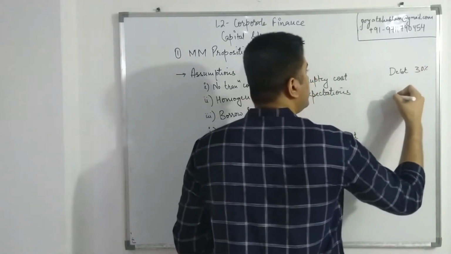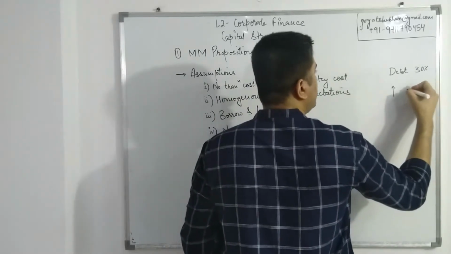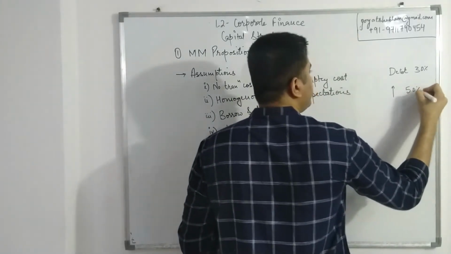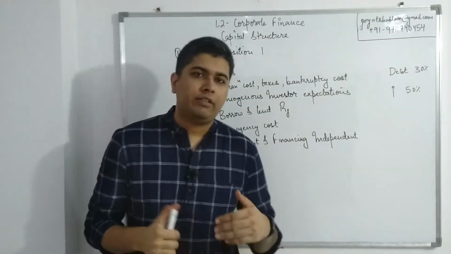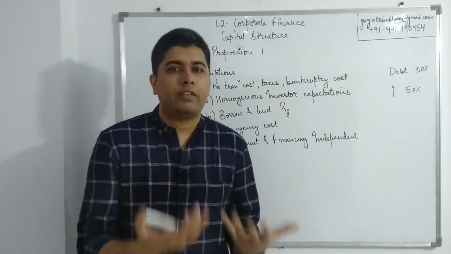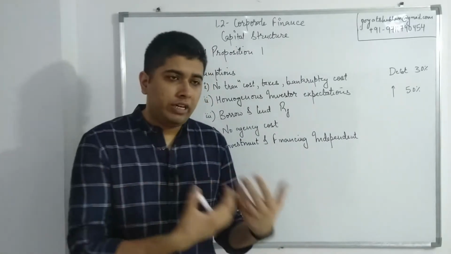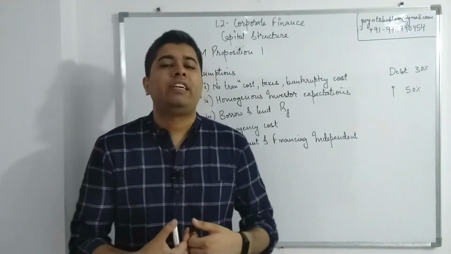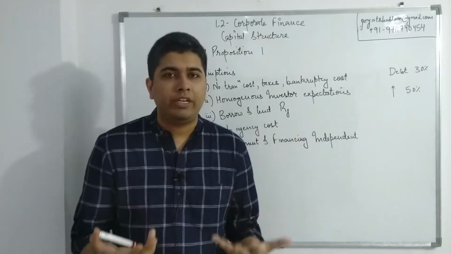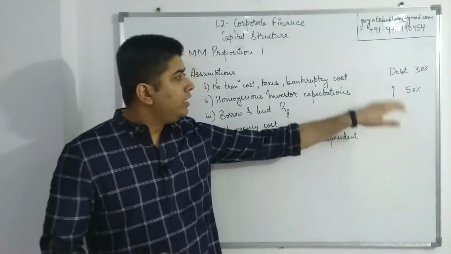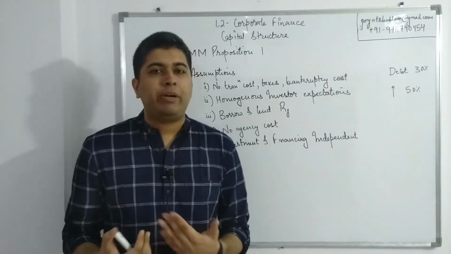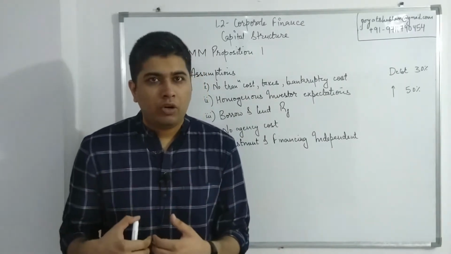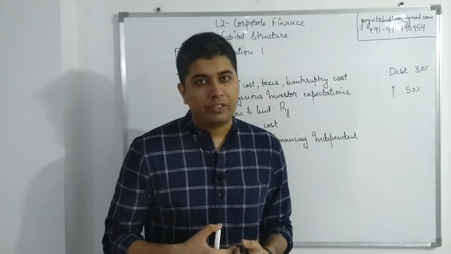If the company wants to increase this debt to, let's say, 50%, they will have to take that additional debt at possibly higher cost of debt. So if the earlier 30% debt was at a rate of, let's say, 10%, they were paying 10% interest on that. The next 20% that they raise, they might not get it at the same 10%. They might get it at a higher rate because now they are adding risk to the business.